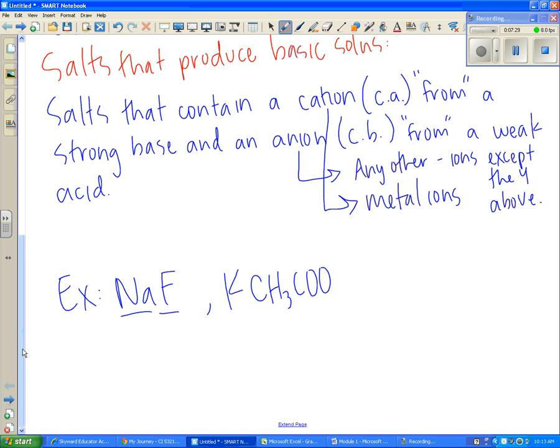All right, and then last, salts that produce acidic solutions.